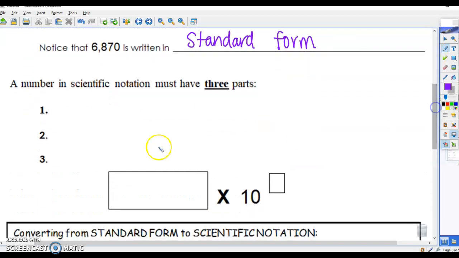Okay, so those 3 parts must be multiplication, must be a power of 10, and then our last one must be a number between 1 and 10.